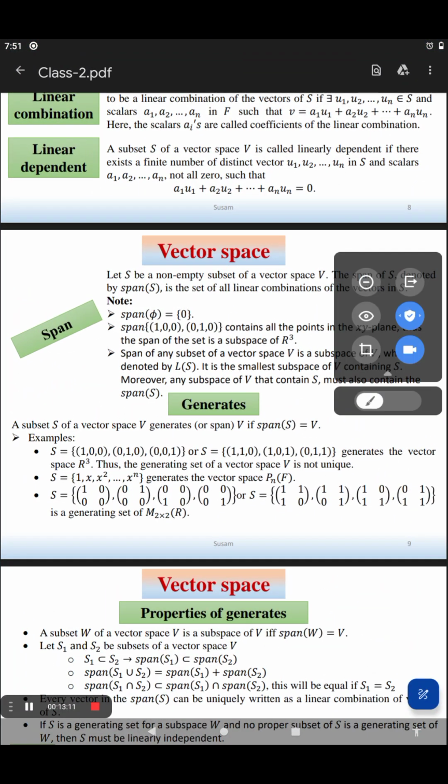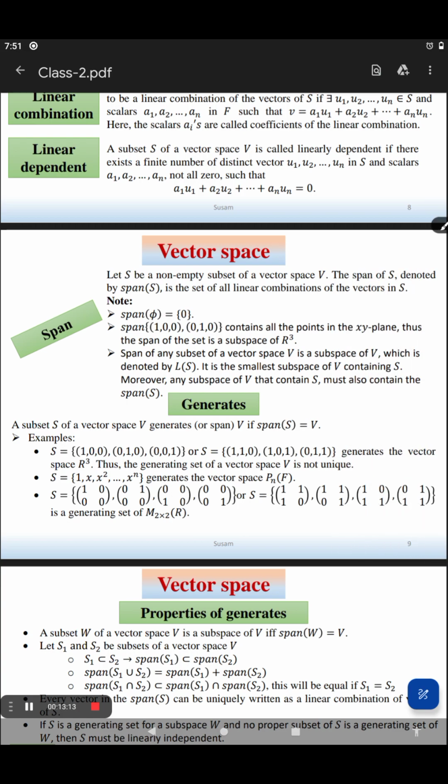Now coming back to generates. We know linear combination, we know spanning. Now, generates. What is generates? S is a subset, obviously non-empty, of a vector space V. S generates V if the span of S is V. This means the set of all possible linear combinations of the non-empty subset S represents the complete vector space V. It is possible.